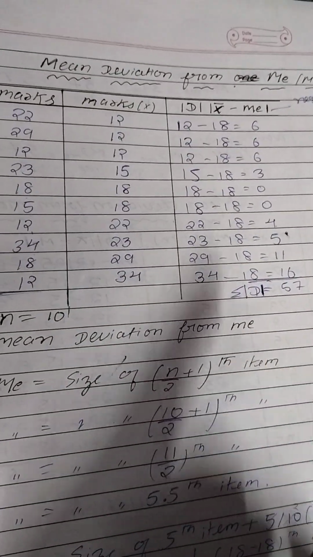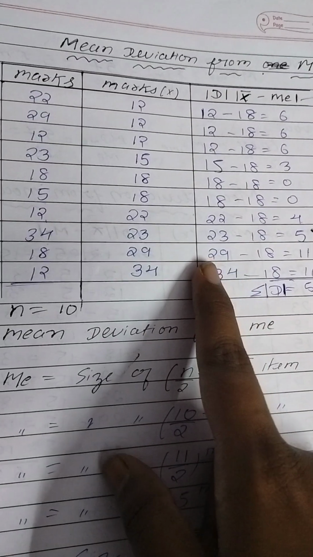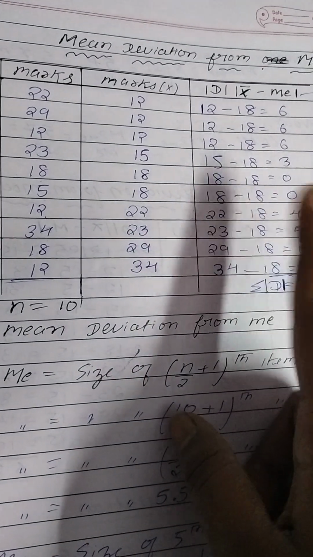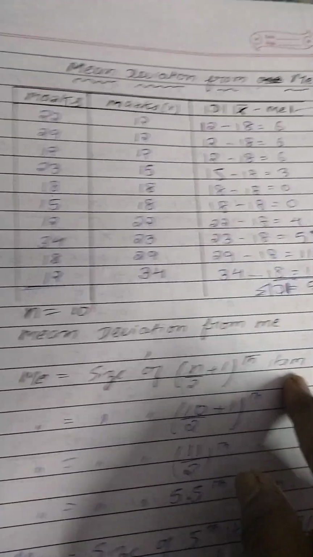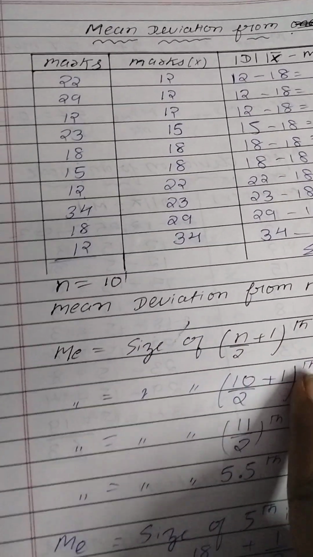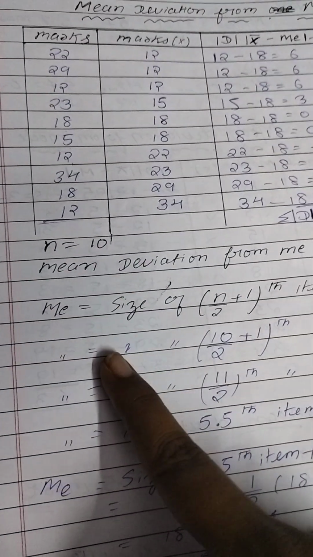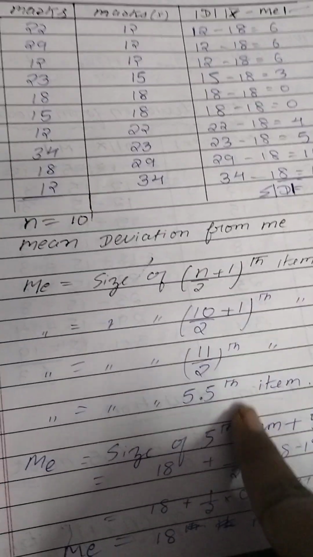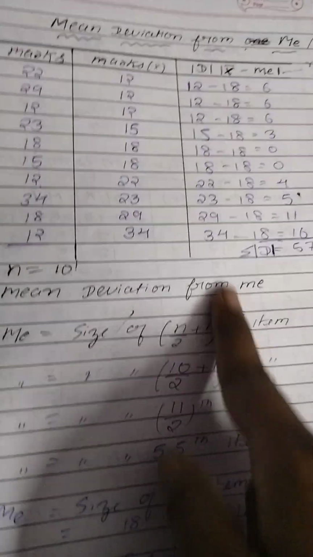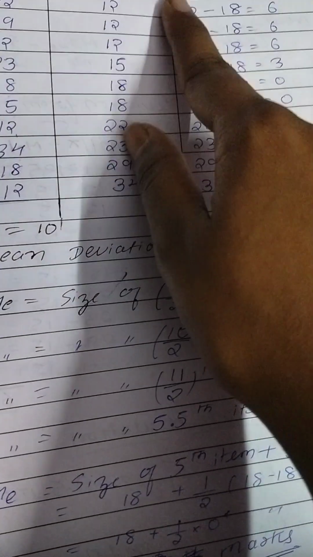After arranging in ascending order, I subtract the values from the median. So how will we calculate the median? First, mean deviation from median. Here I will calculate the median: the size of the (n+1)/2 term, which is the 5.5 term.